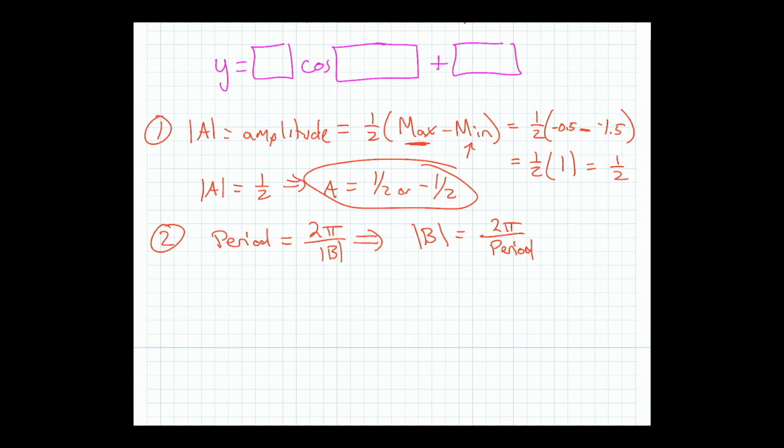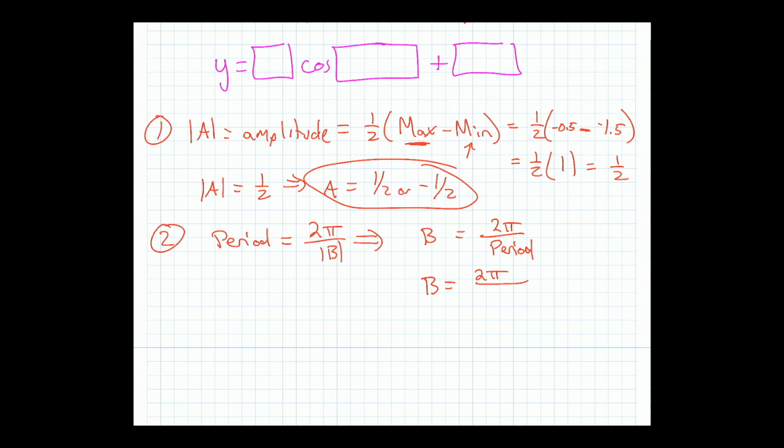And you can always write these so that the B is positive, so I'm just going to erase those absolute values. We're going to have a positive B because that's what I want, and that's okay, you can do that. So B is 2 pi over the period.